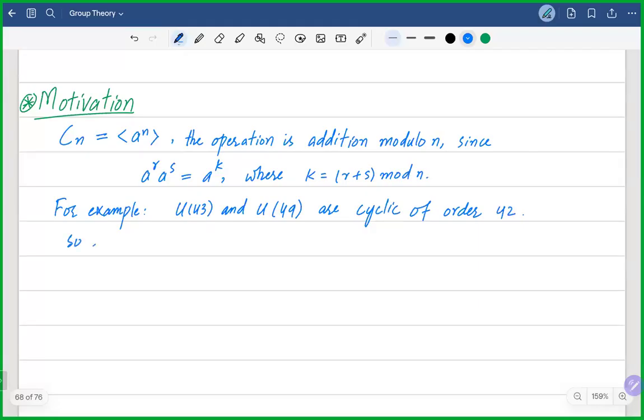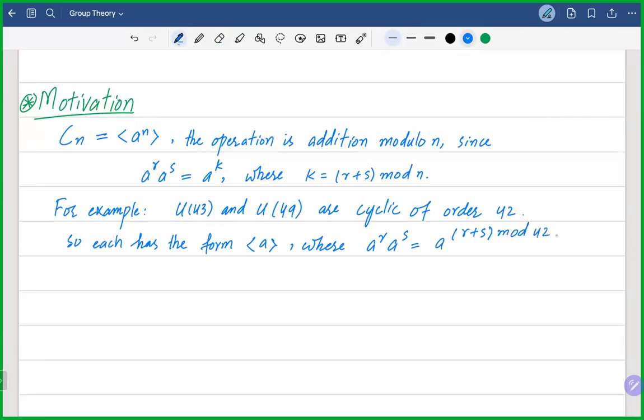So each has the form generated by A, where A power R times A power S is equal to A power R plus S mod 42. In this case, you can say U of 43 and U of 49 are isomorphic with a cyclic group of order 42.